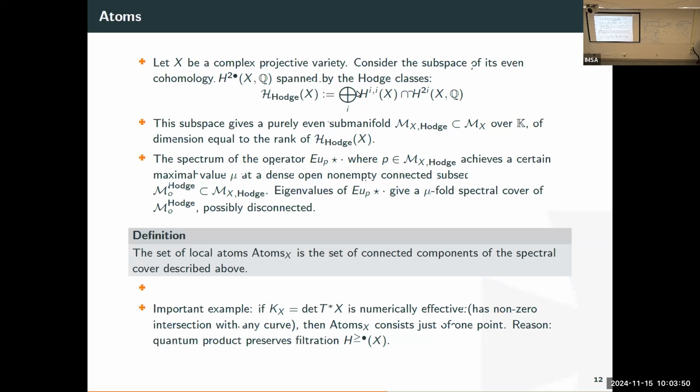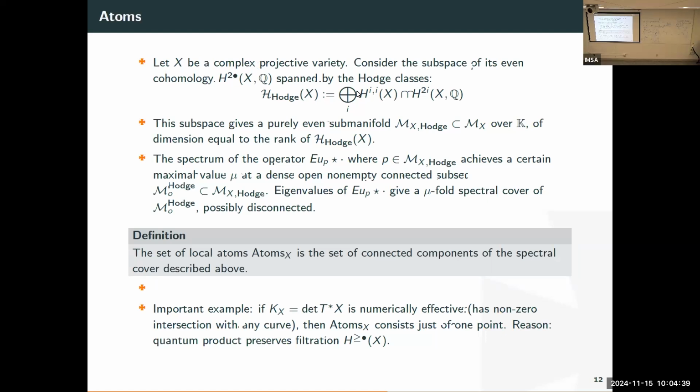Now, the base of this Frobenius manifold are the algebraic, or if you like, Hodge cycles. These atoms are going to be basically the connected components of the homology, or the Frobenius manifolds associated with the Hodge cycles, corresponding to the splitting associated with the generic point of this Frobenius manifold, which is this space of the Hodge cycles.